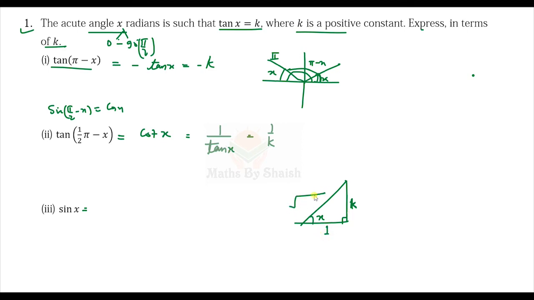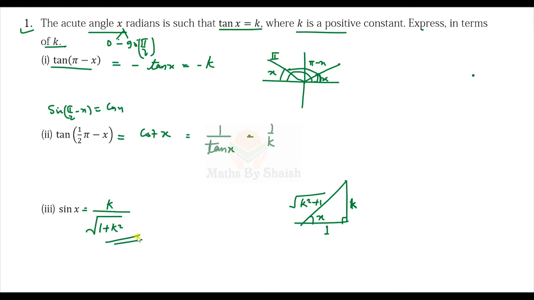By Pythagoras theorem, the hypotenuse would be root of 1 squared plus k squared. So sine x is going to be opposite upon hypotenuse, that is k over root of 1 plus k squared. So I guess it is okay.